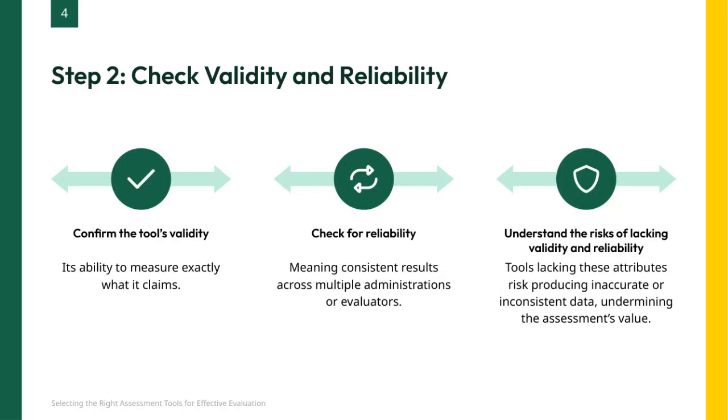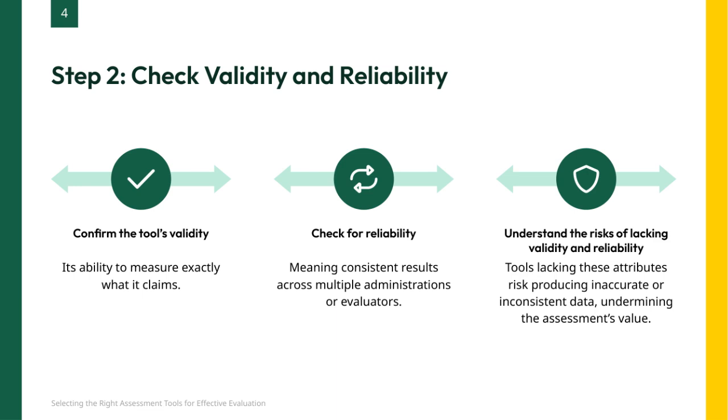Now that we've selected our tool, the next step is to check its validity and reliability. Validity refers to the tool's ability to measure exactly what it claims to measure. This is crucial because if the tool isn't valid, the data we collect won't accurately reflect the concept we're trying to assess. Next, we look at reliability, which means the tool produces consistent results each time it's used, whether across different administrations or different evaluators.